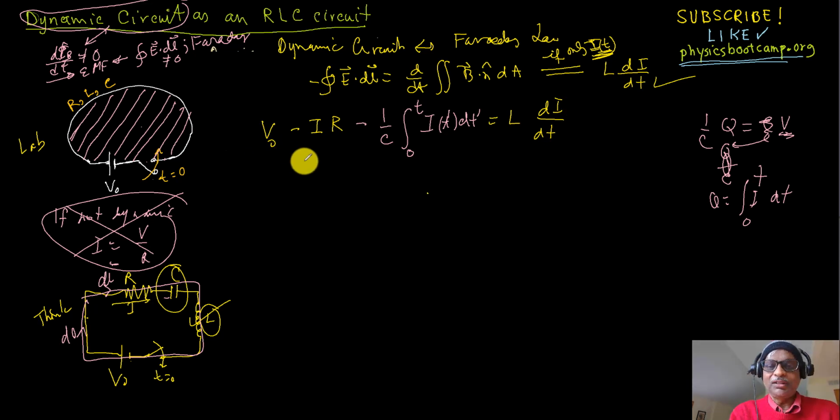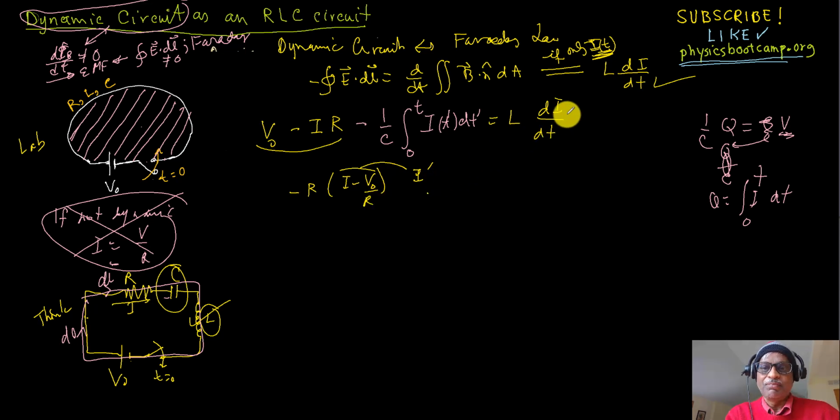This is just a constant here, so I can absorb it by defining a new current, I prime, equal to I plus V0 over R. Then di prime/dt is the same as di/dt, because these things are constant.